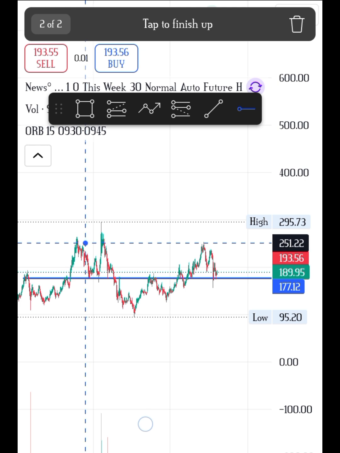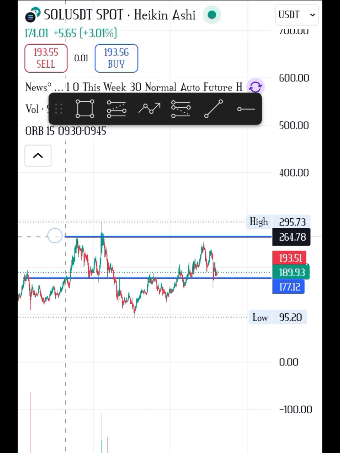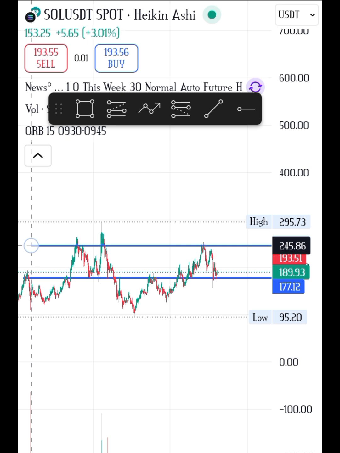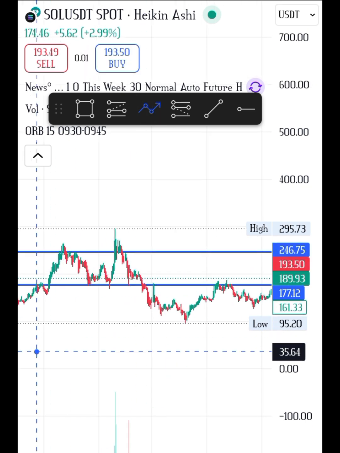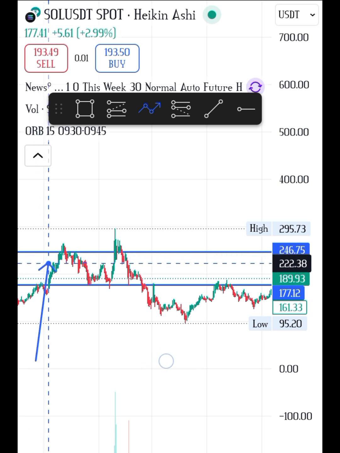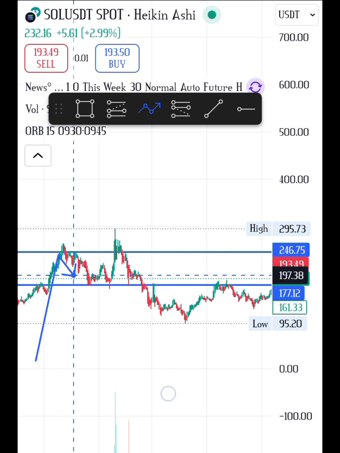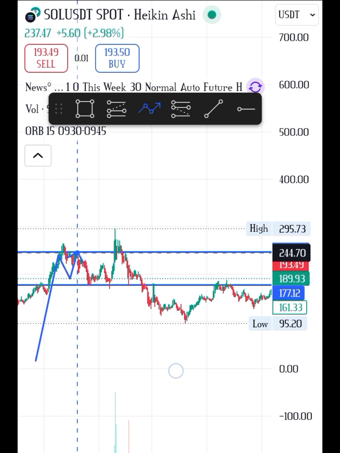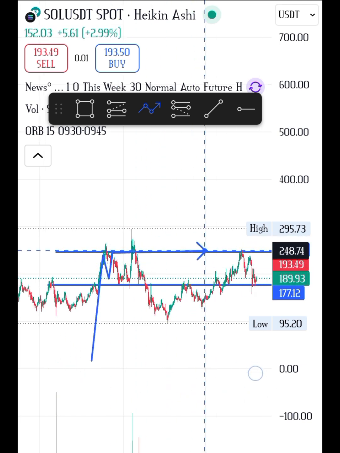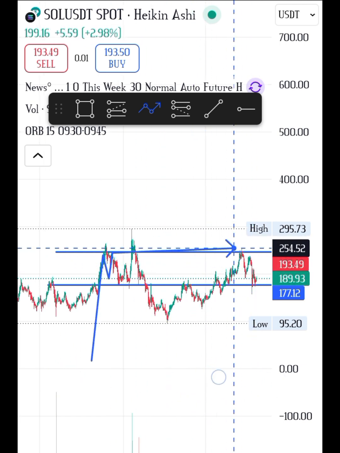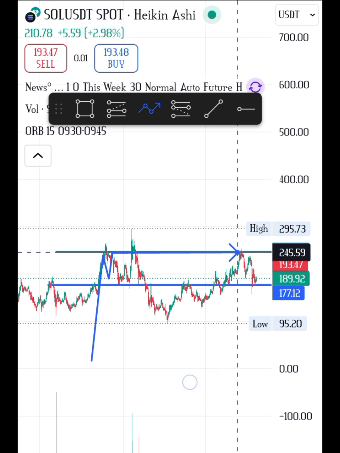It has touched here multiple times. Yeah, we can use this as our resistance zone. You can see the touches here. That's why I'd say it is a zone. Here you can see multiple touches, then another touch here to make the area solid.